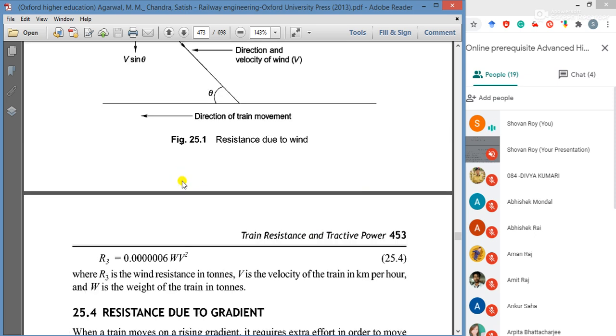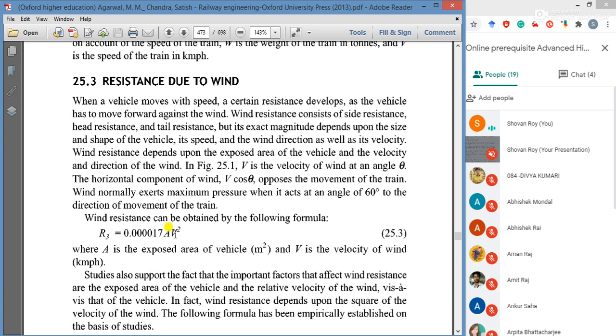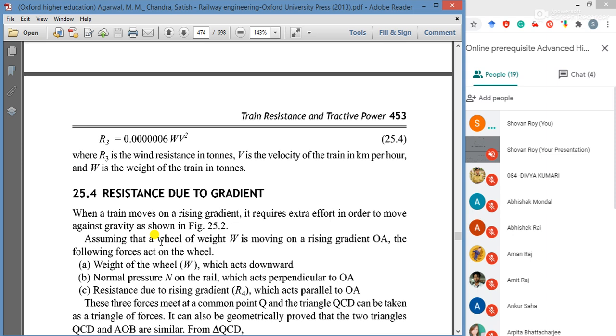I have said that this V is very difficult for us, because during calculation it is not possible always to remember that this V is the wind velocity. So that's why one simple formula is there, 0.000006 W V square, where V is the velocity of the train in kilometer per hour and W is the weight of the train in tons.